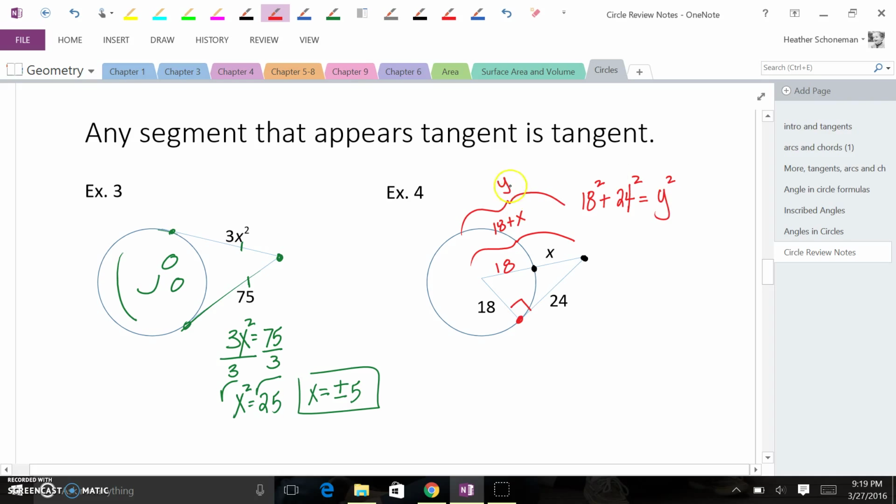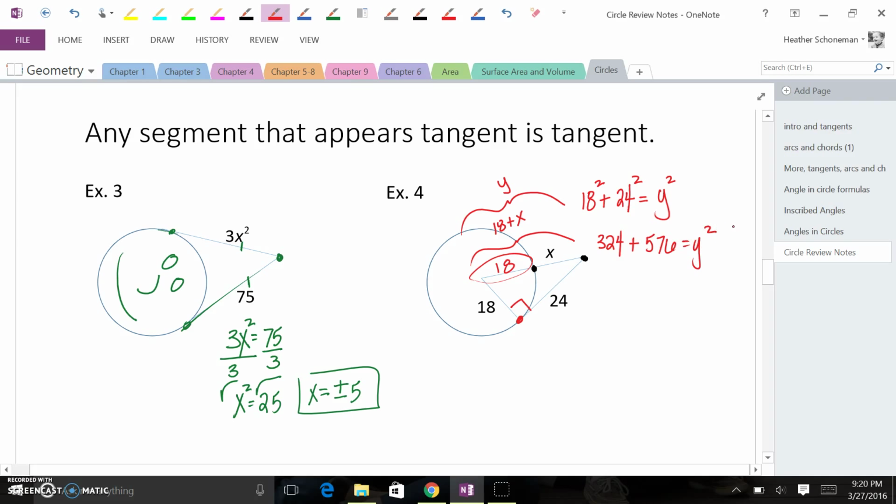Because once we know y, if we know this part is 18, then we can subtract it from whatever y is to get x. Okay, 18 squared is 324. 24 squared is 576.